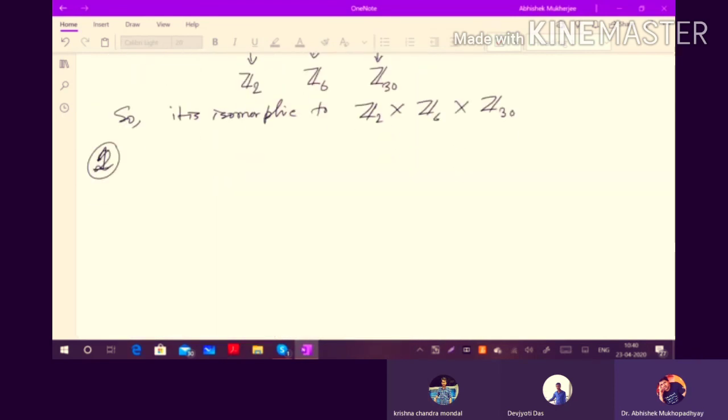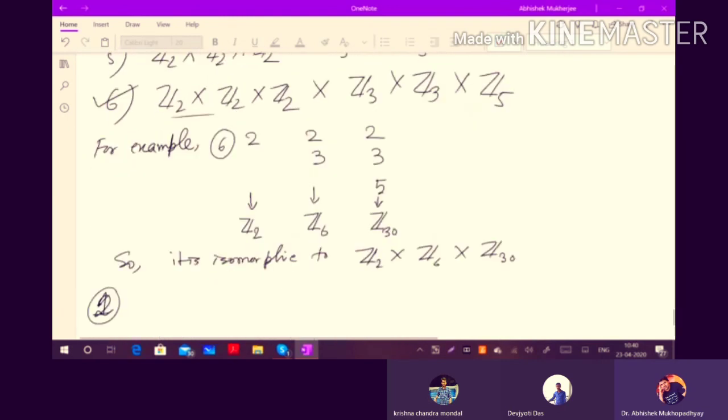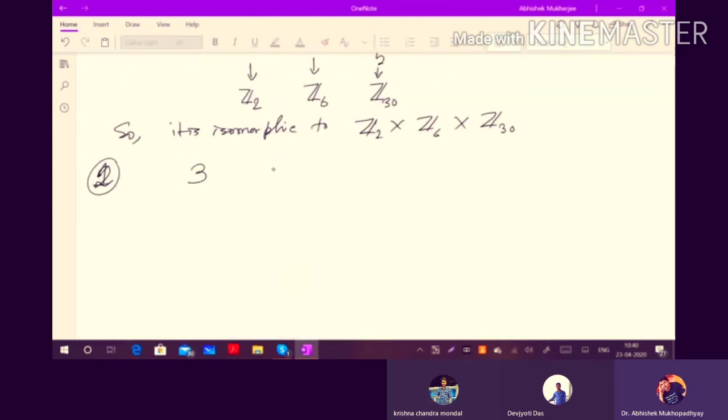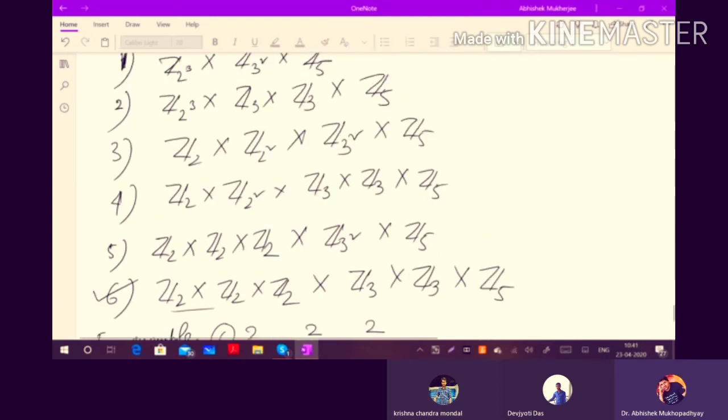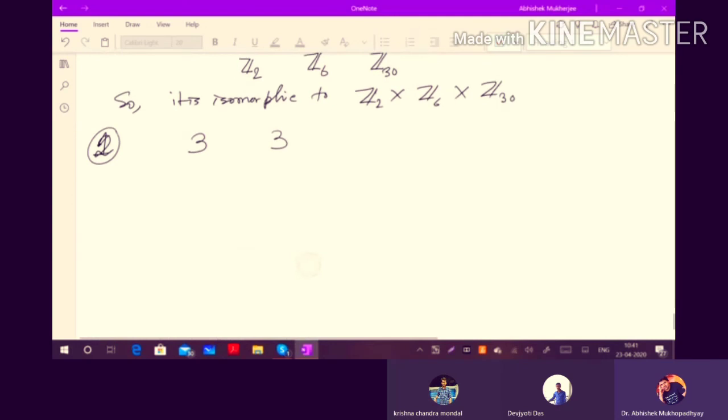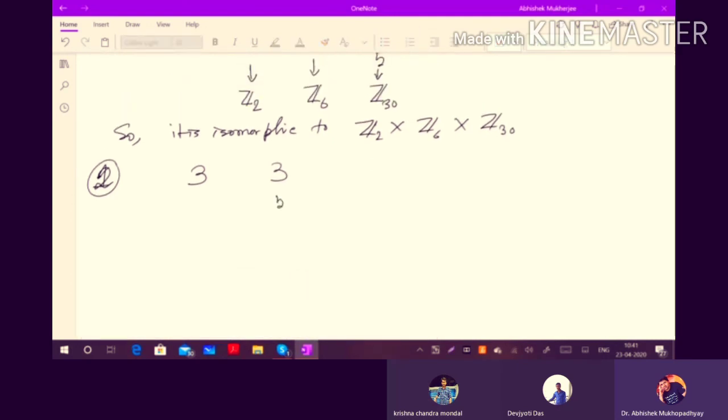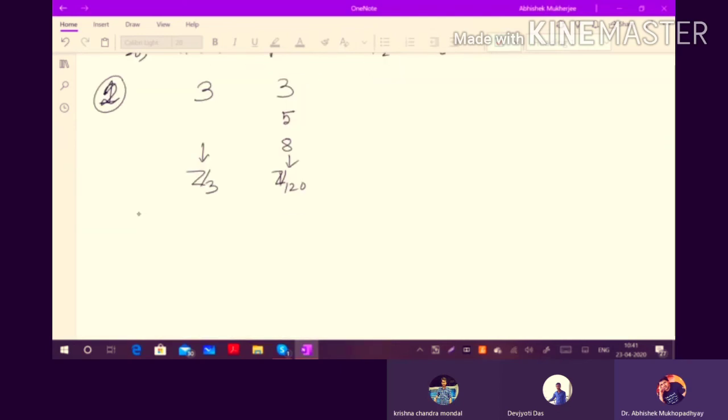Okay, this is interesting. Now we write down 3, 3, since it is Z3 cross Z3, and then we put 5 and then we put 8. So this will give Z3 and this will give Z120. So this is isomorphic to Z3 cross Z120.